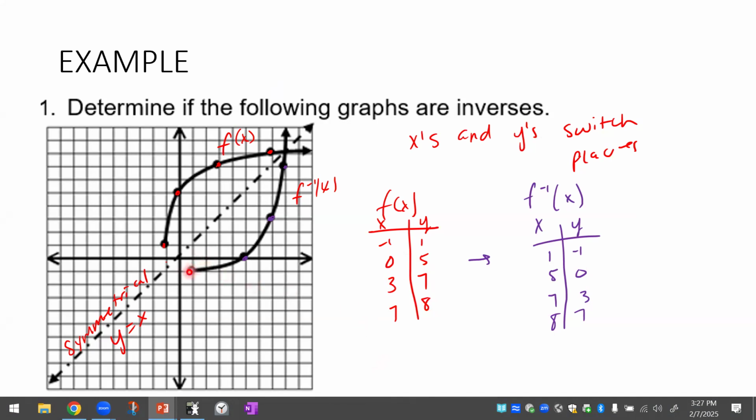And then we have the inverse. Well, we're trying to see if it's the inverse. And the inverse is made up of 1, negative 1; 5, 0; 7, 3; 8, 7.